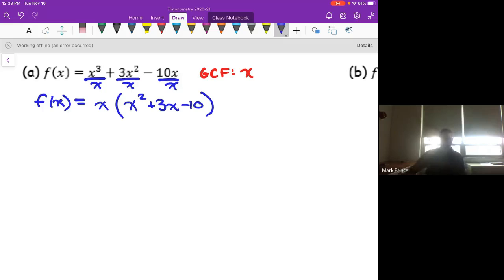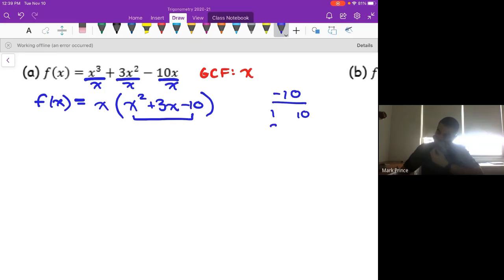And then from this point, we're going to factor the trinomial that's in parentheses. So my first term times my last term will give me negative 10. Then I list my factors of 10. We got 1 and 10, 2 and 5, and that's it. So we need to figure out which pair adds up to positive 3.